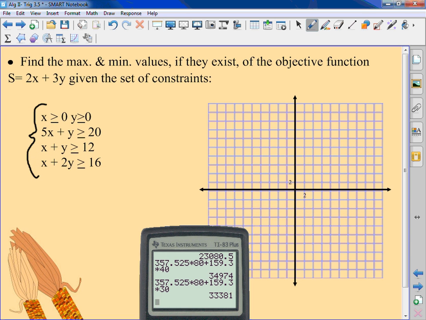You have this set of constraints. x has to be greater than or equal to 0. y has to be greater than or equal to 0. In other words, you're saying it has to be positive. 5x plus y is greater than or equal to 20. x plus y is greater than or equal to 12. x plus 2y is greater than or equal to 16.